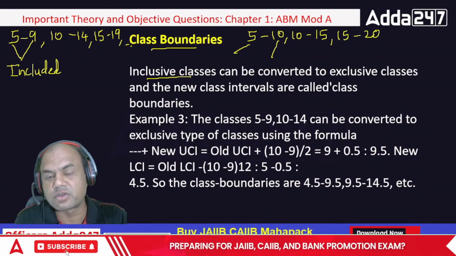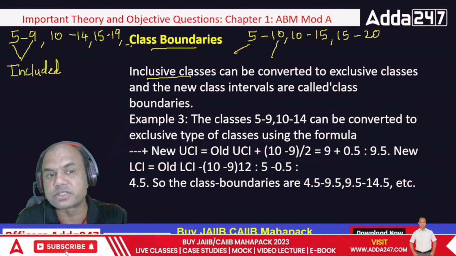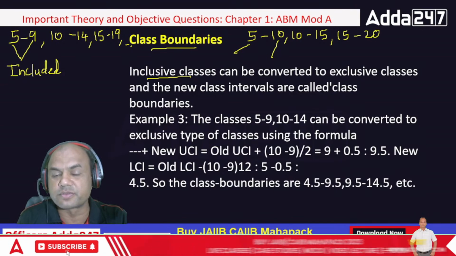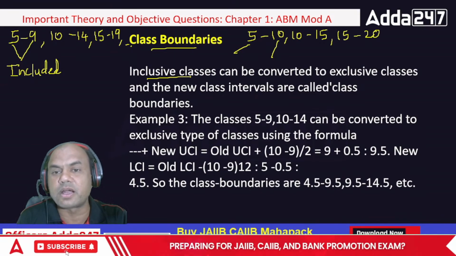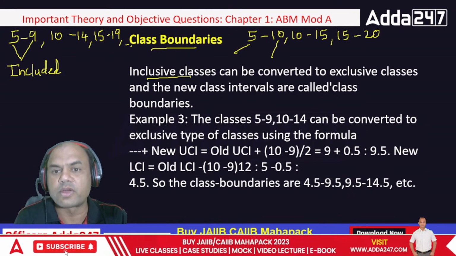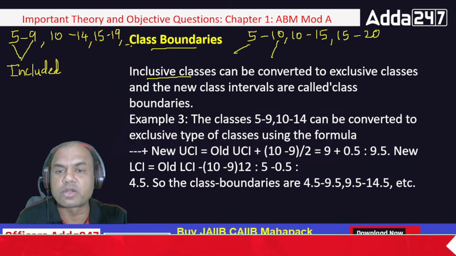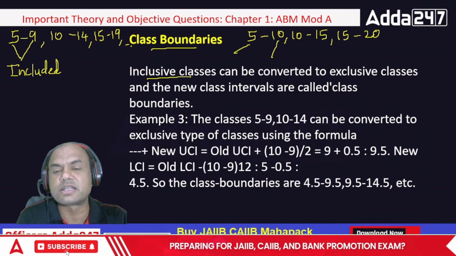So what is mentioned over here? Inclusive classes can be converted to exclusive ones. Now how to convert this to exclusive? What do you mean by exclusive? Exclusive means the end part is always neglected or ignored. For example, over here, 5 to 10, 10 to 15. Suppose I have this number 10 over here.